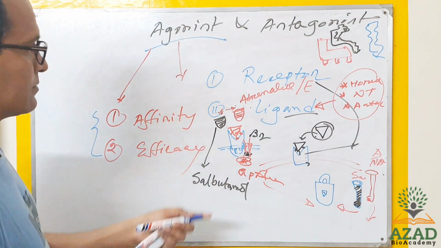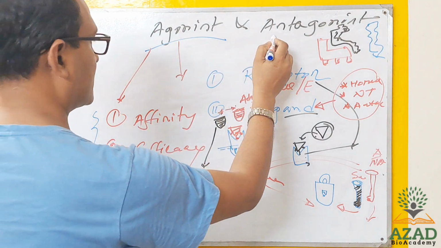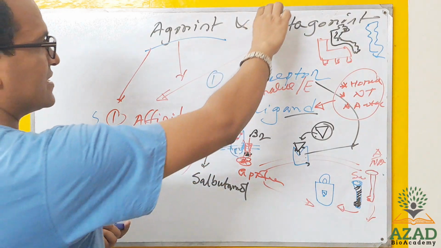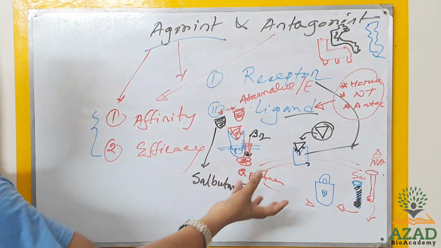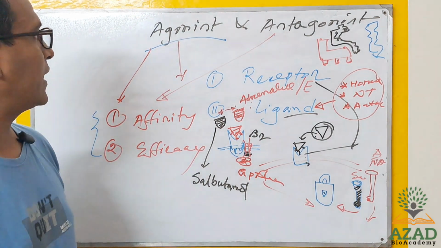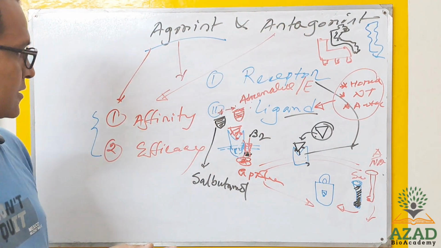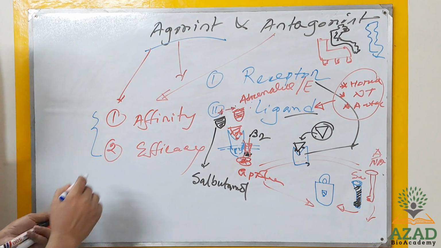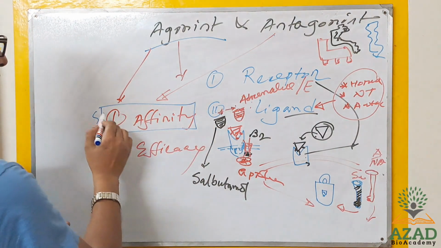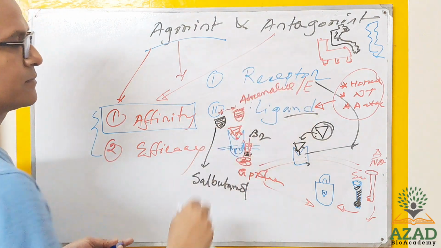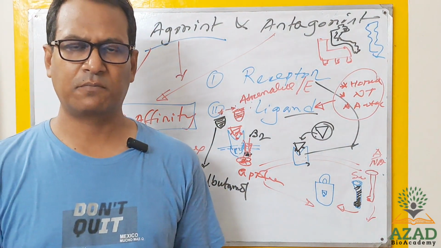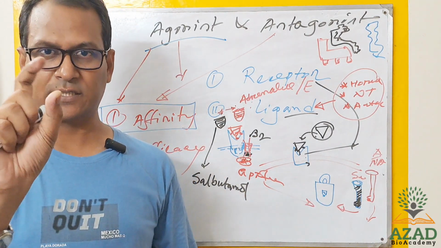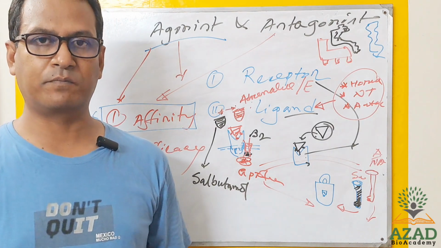Now I will try to explain the antagonist. Antagonist means anti-agonist. That means its function is completely opposite of the agonist. So why is it an antagonist? An antagonist also has affinity, with structural similarities to the agonist. But if you look closely at a particular area, you will find structural differences.